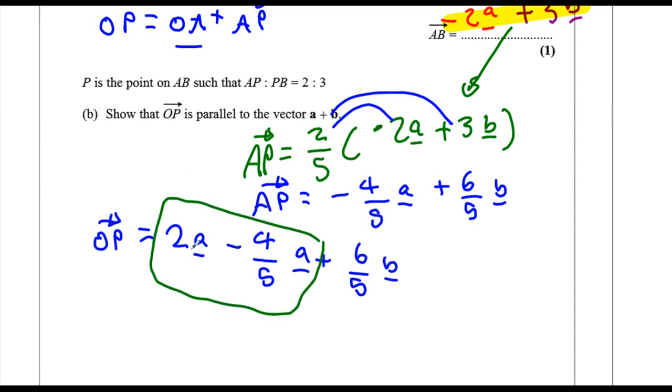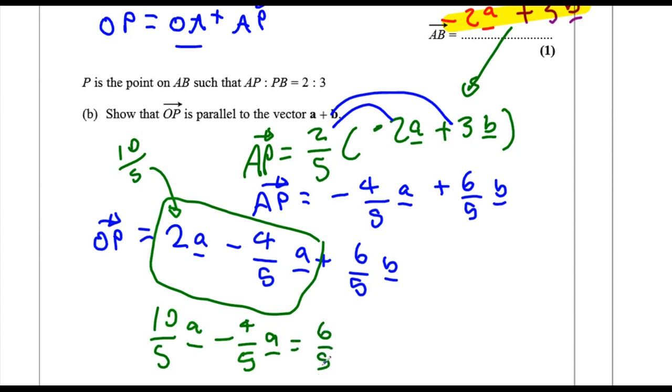Now, if you've got 2 wholes, that is the same as having 10/5. If your cakes are cut into 5, you need 10 slices to have 2 wholes. So that's 10 over 5 a minus 4 over 5 a. Guess what? That gives you 6 over 5 a.